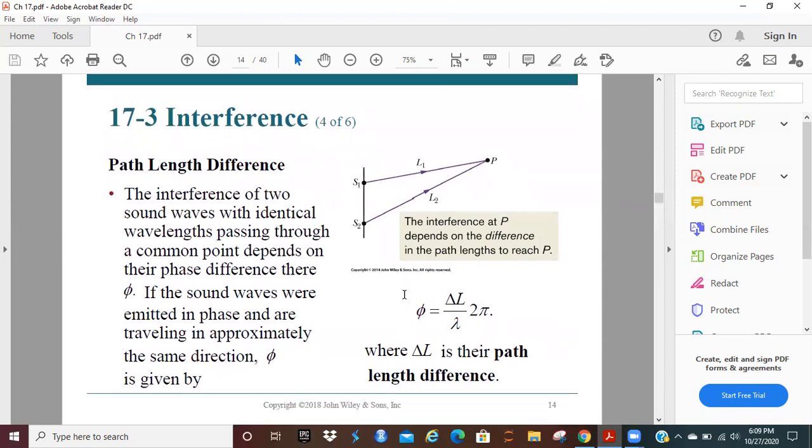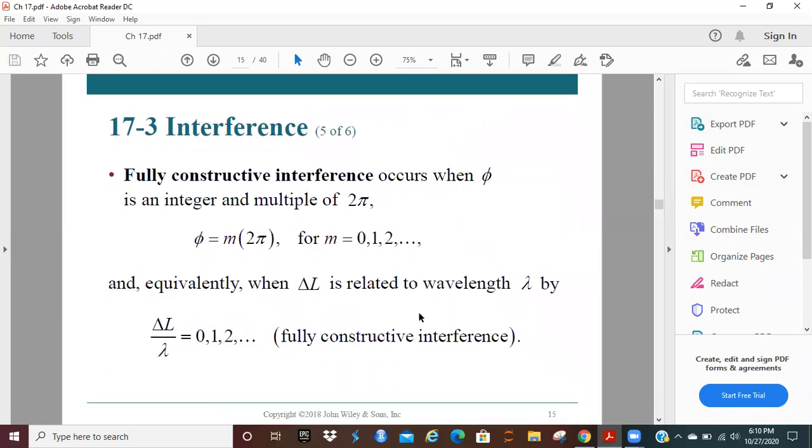So for the path length difference, the interference of 2 sound waves with identical wavelengths passing through a common point depends upon their phase difference at that point. If the sound waves were emitted in phase and are traveling in approximately the same direction, then their phase difference is going to be their path length difference divided by the wavelength times 2 pi.